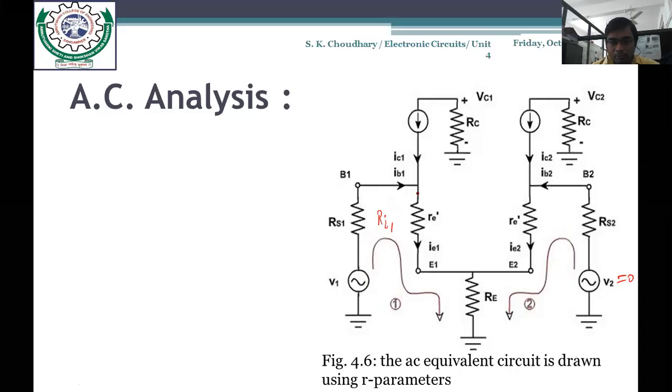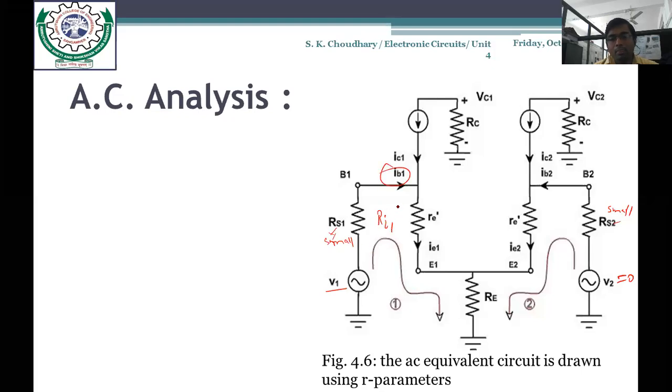Then whatever the voltage across it, that is V1 upon the resistance. This is also ignored because it is very small, so it is ignored for the calculation. So your RI1 is V1 upon the current flowing in this network, that is IB1.